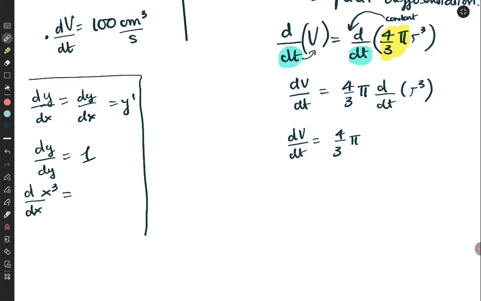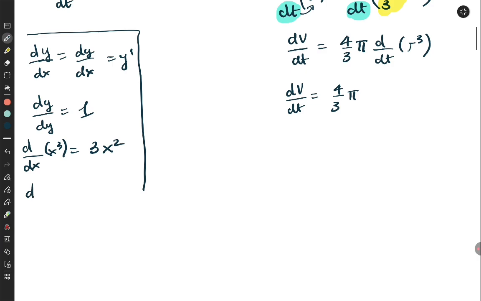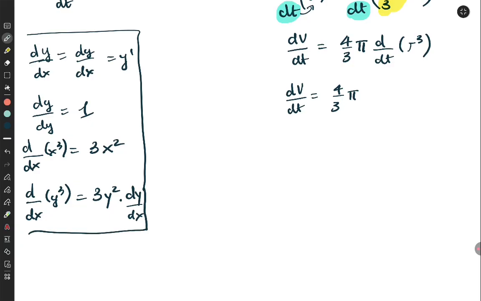If I have this, you're going to have 3y squared dy over dx, correct? Yesterday we had this dy over dx. So here it is 3r squared dr over dt.